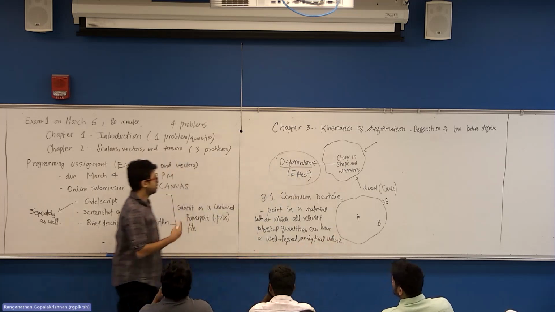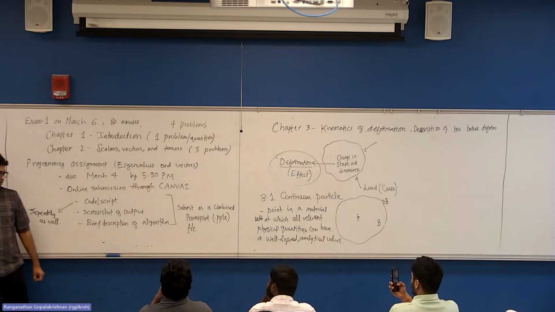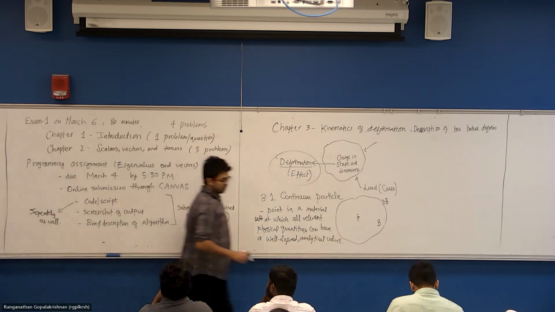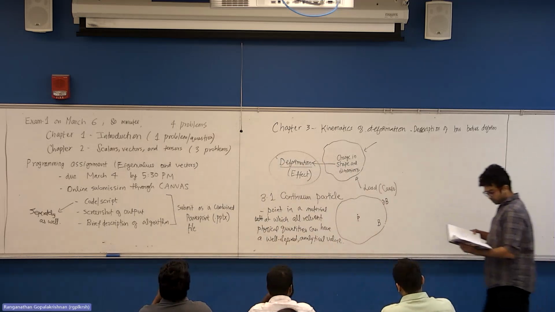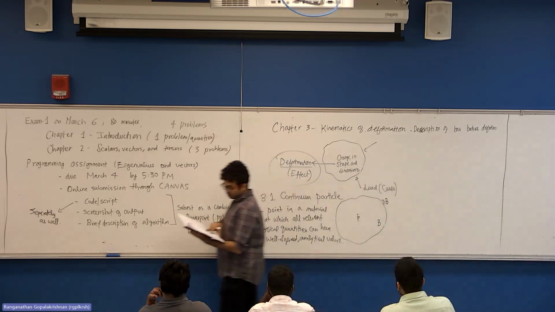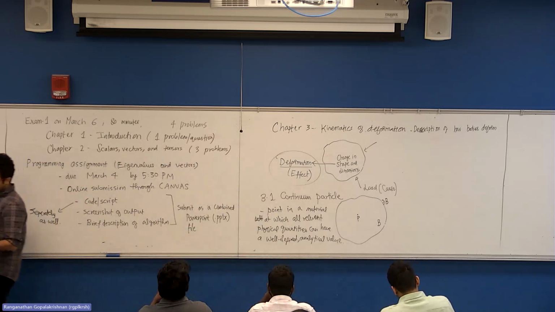This is again my own definition. The book will have slightly different wording. Okay, this is again in section 3.1 that I'm talking about. So we are talking about a continuum particle.